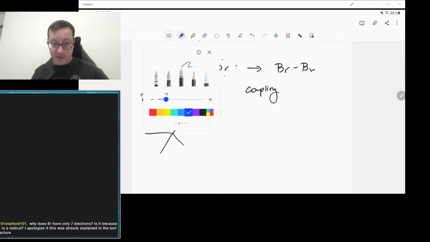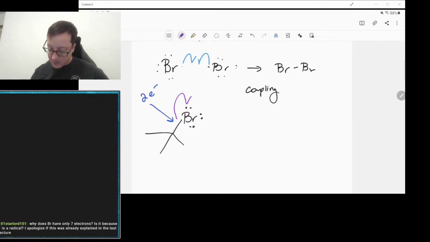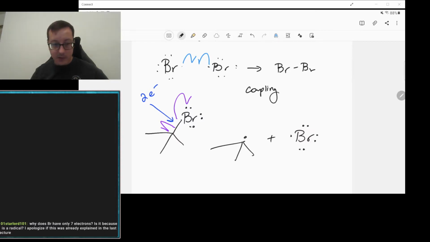If we were going to split this homolytically, one electron goes to bromine, one electron goes to carbon. So the three lone pairs are still there, and it gets just one electron from the bond that it shared with carbon. So carbon has technically 7 electrons as well, right?